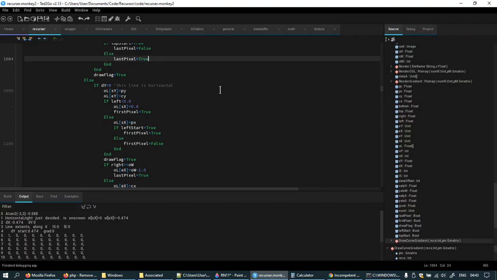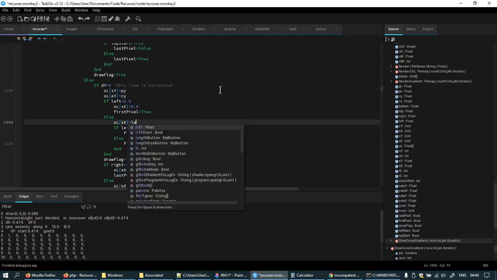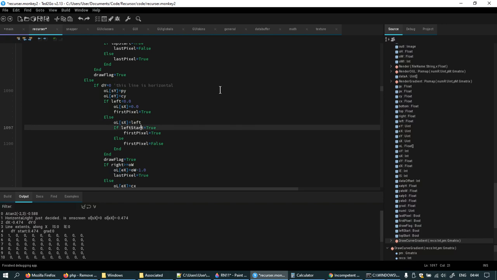Okay, the line's horizontal. I don't want that to be the previous... Oh no, yeah, no, that I do. Sorry. Here I want that to be that, or I want this to be left, because I'm setting the left and right ends of this line.